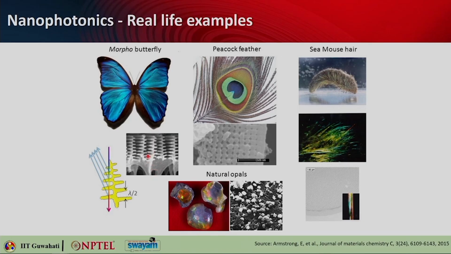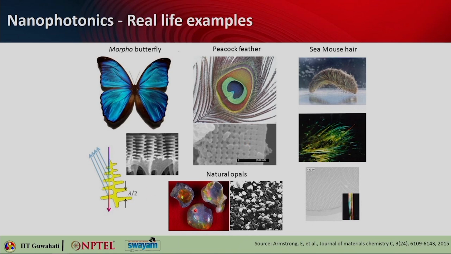They can actually reflect a particular light so that these bright colors are seen. Similarly, if you look into the feather of a peacock, this beautiful color or the pattern that you see is not basically from the pigmentation, but from the structure that is embedded there.